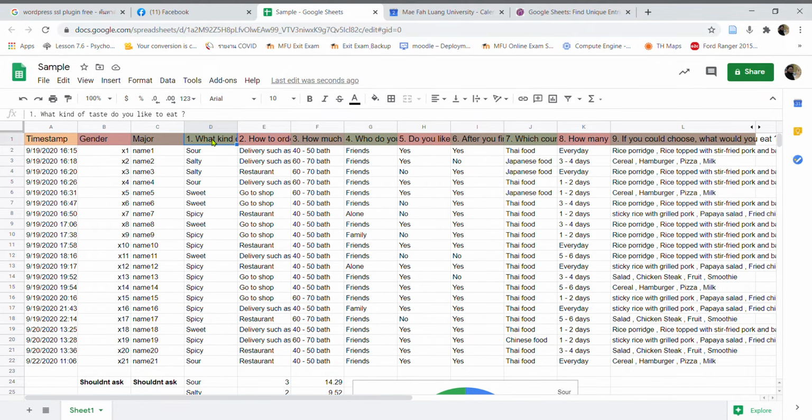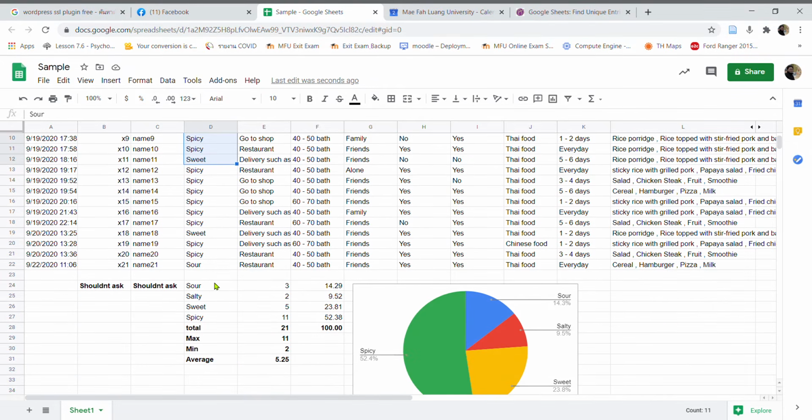Let's say the first question you asked is, what kind of taste do you like to eat? There are choices that the participants can choose. This kind of thing we can analyze by using frequency analysis. I did it over here.